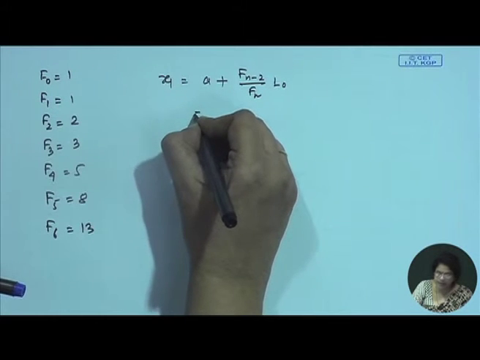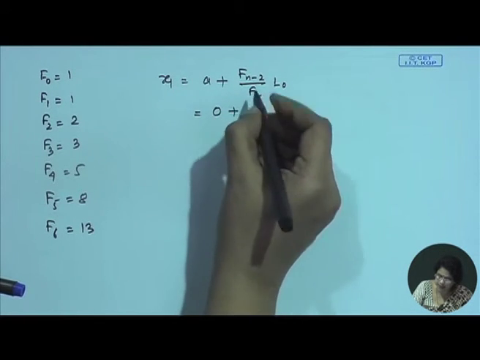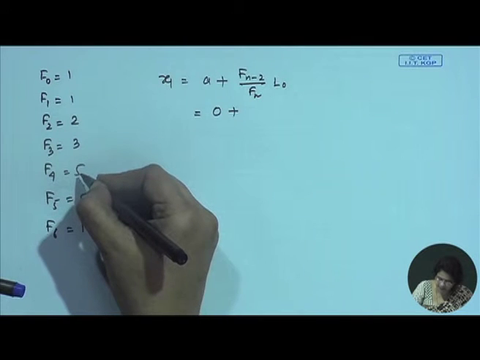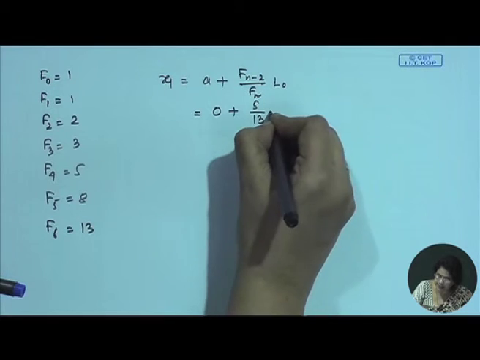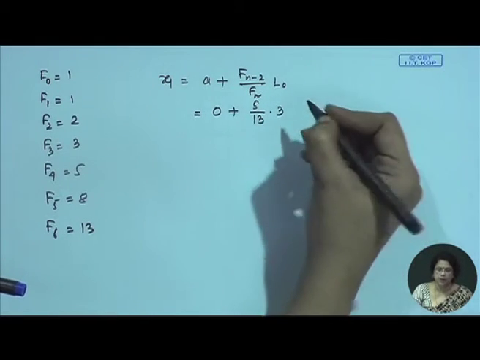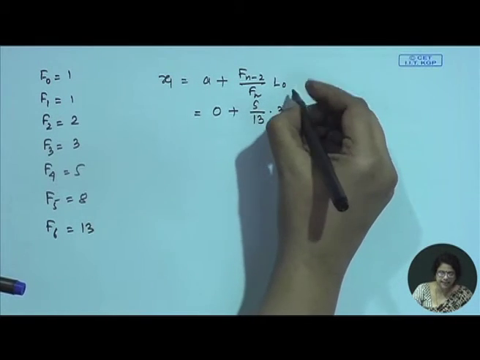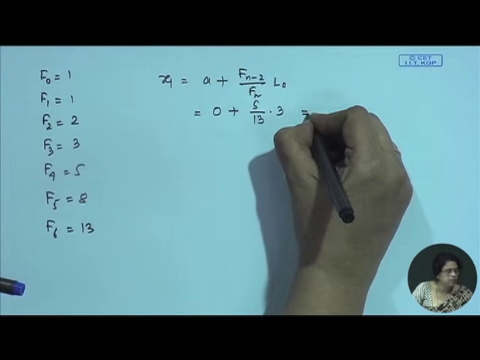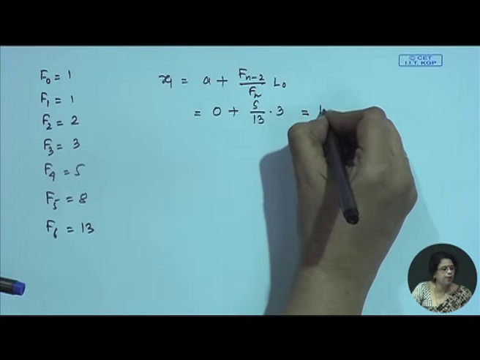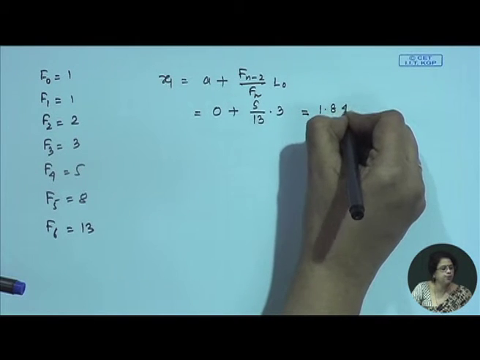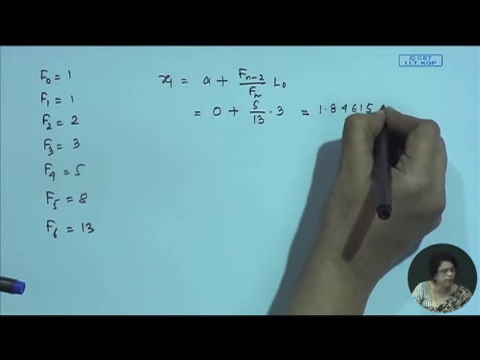Here the value is 0 plus Fn minus 2, where n is 6, that is 5 by 13 into 3. This value is coming as 0.1846154.